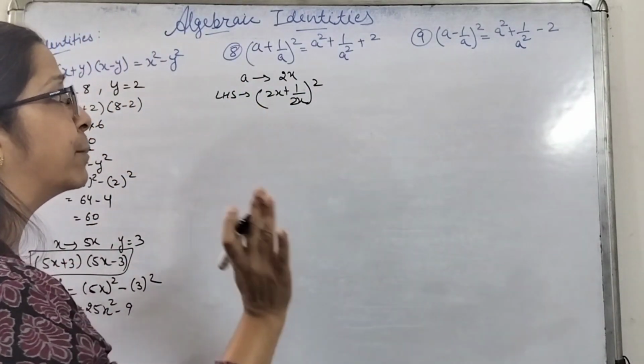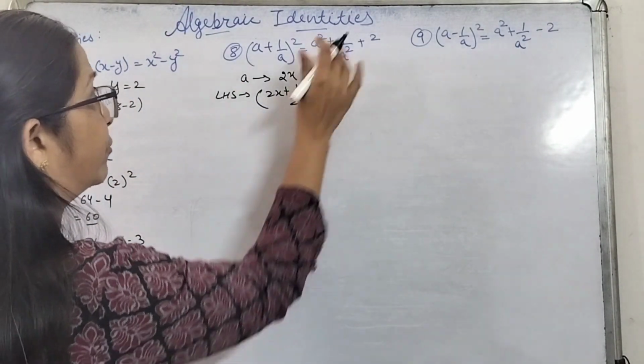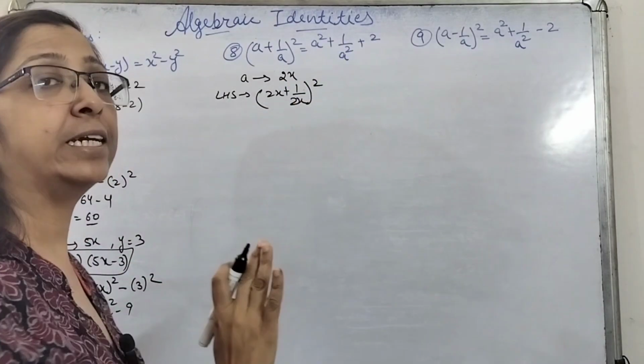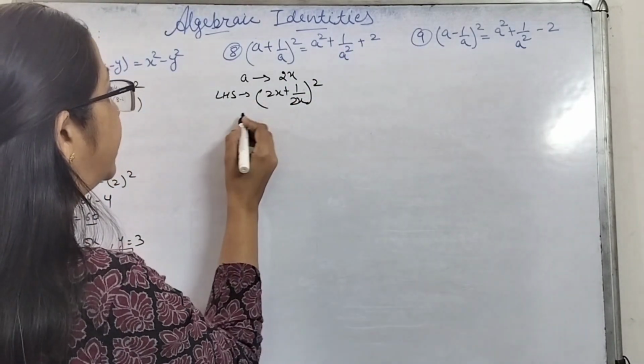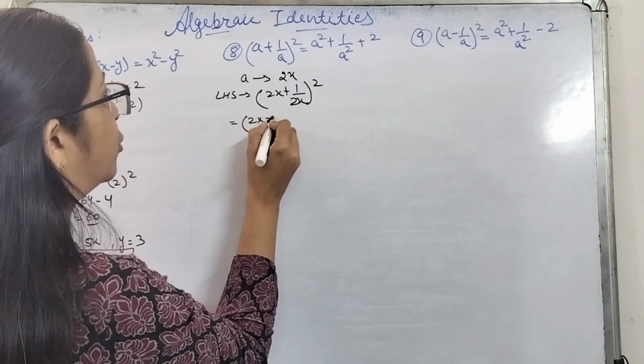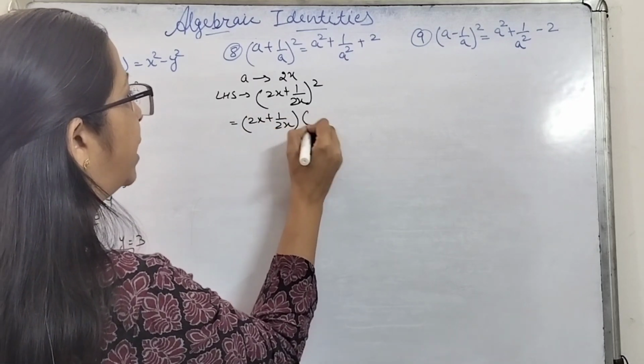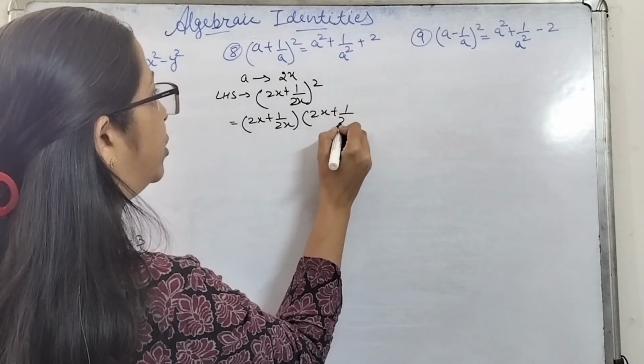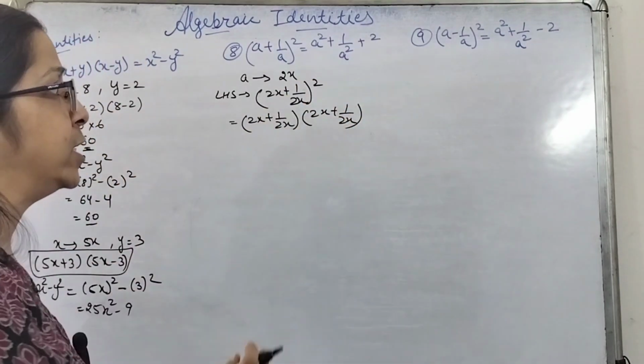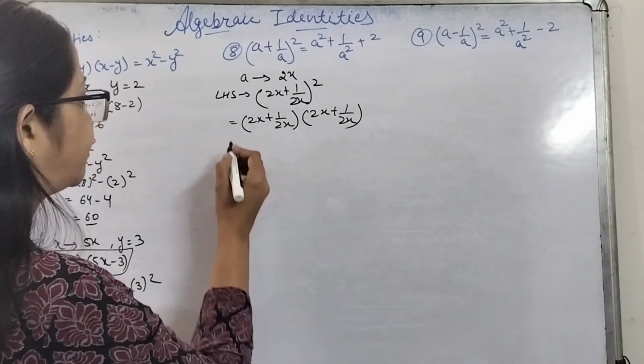So if we simply multiply it, not using the identity directly, what will the product be? 2x plus 1 upon 2x multiplied by 2x plus 1 upon 2x. Because it is a square, we multiply it 2 times.